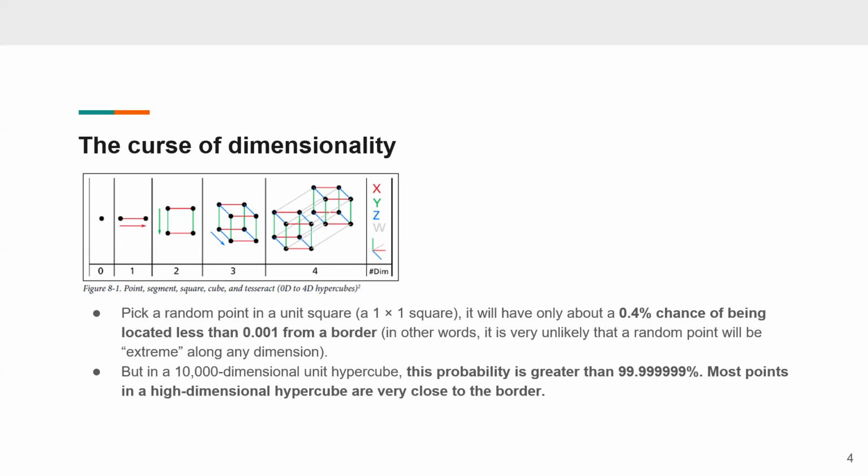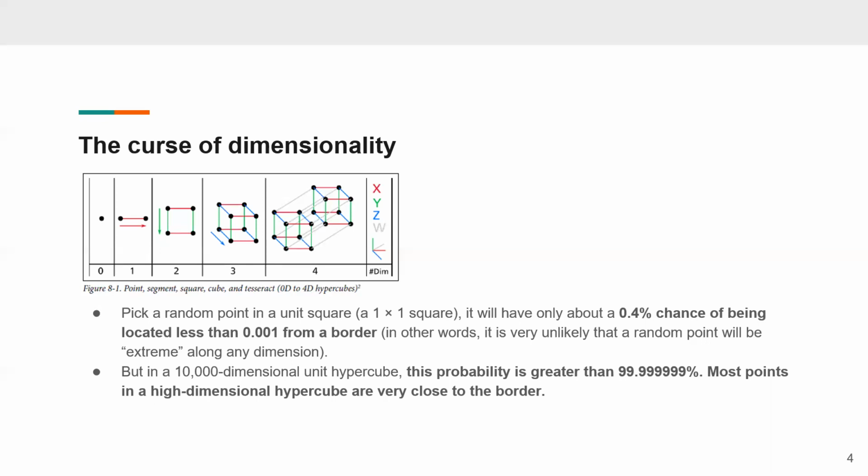So it's kind of evenly distributed in the square, and you just don't see it being close to the border. However, for a 10,000-dimensional unit hypercube, if you pick a point, this probability is greater than 99.99%. What does that mean?